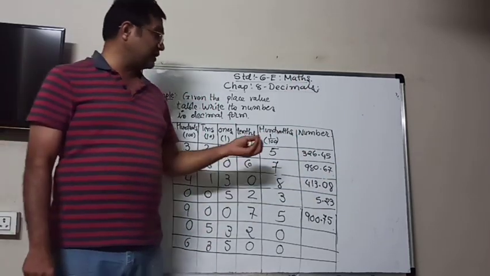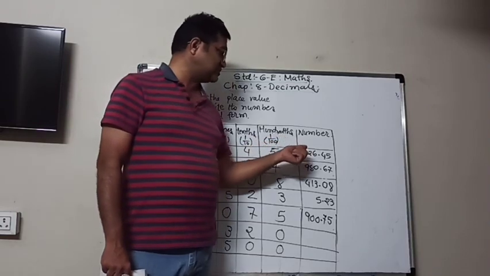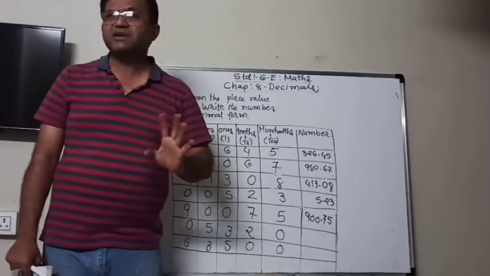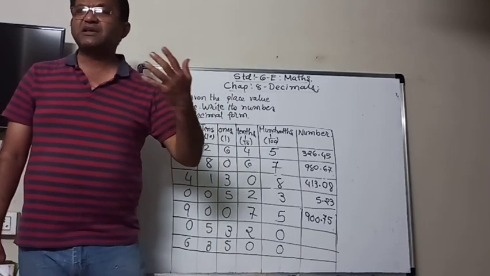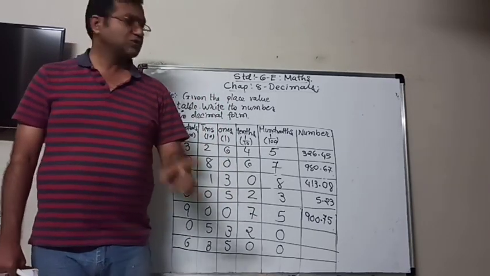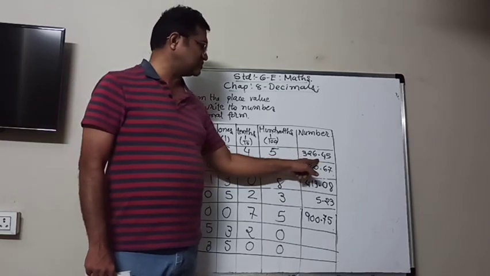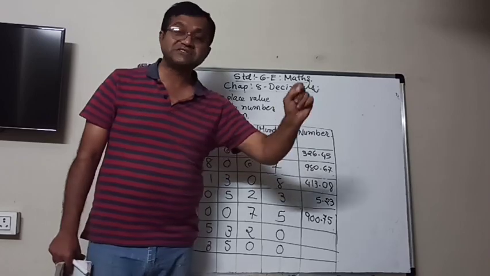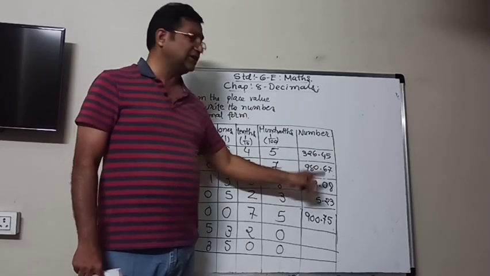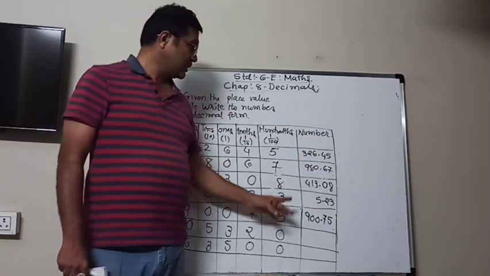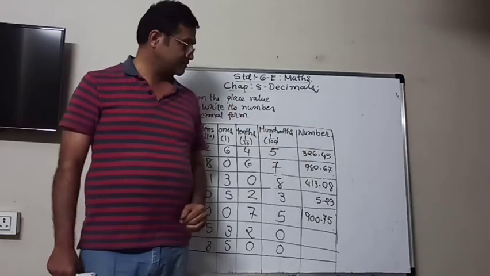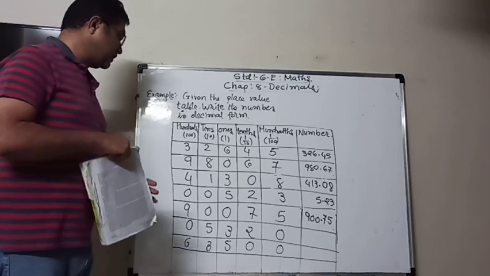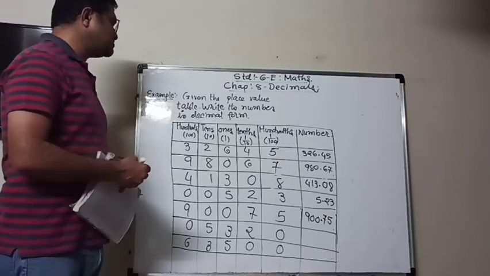Or you can read it as 326.45 upon 100, but that is very long, so we read it like 326.45, 980.67, 413.08, 5.23, 900.75.